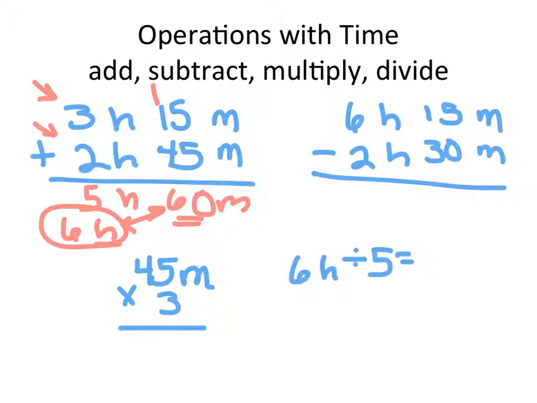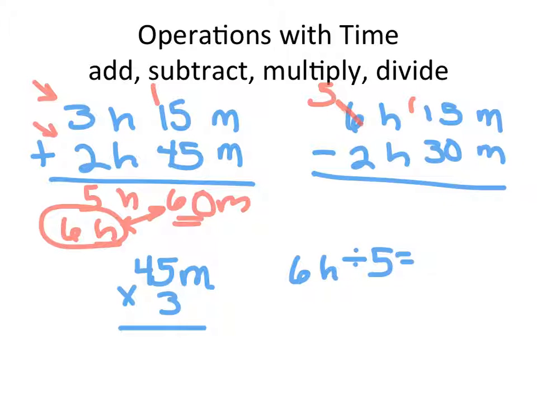What about if we have to practice 6 hours and 15 minutes for the week, and we have practiced already 2 hours and 30 minutes, and we want to know how much time we have yet to practice? Well, a lot of students will do this. They'll take one of those hours and they'll put it over here like this, as if it were a 10 or a 100 base system. But it isn't.